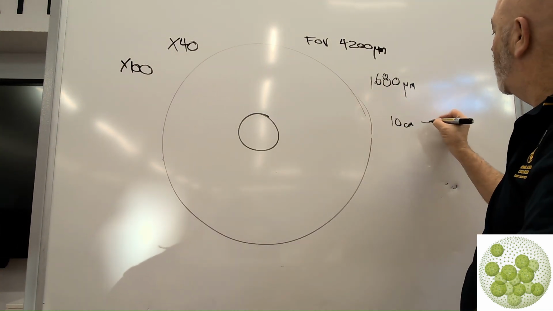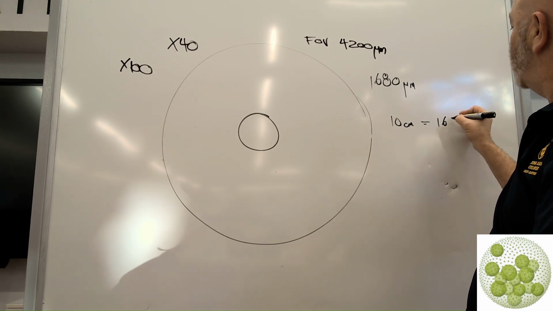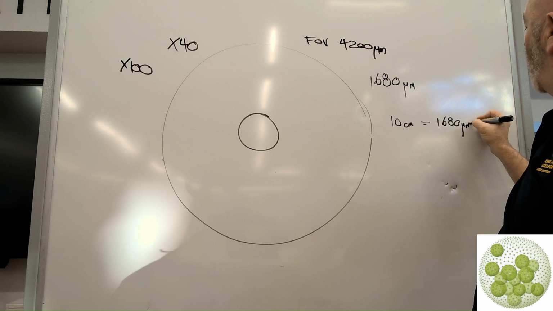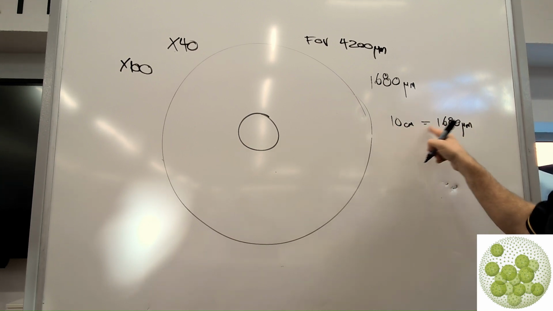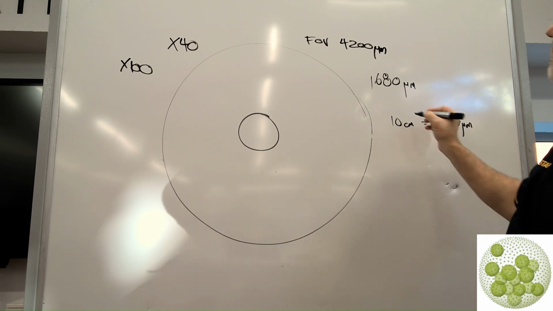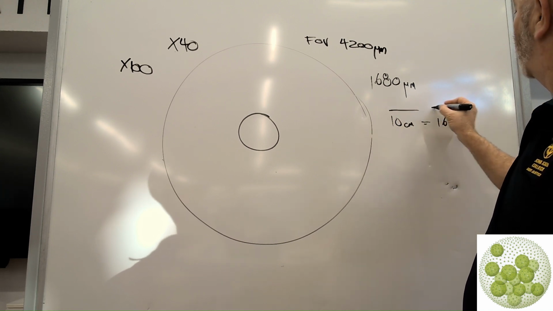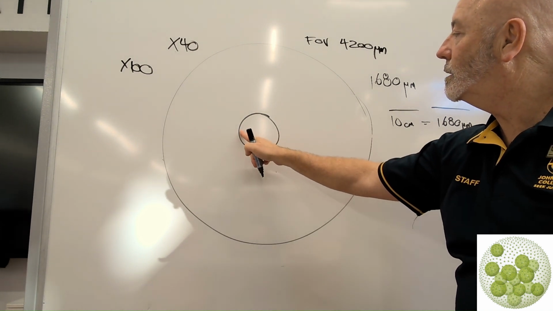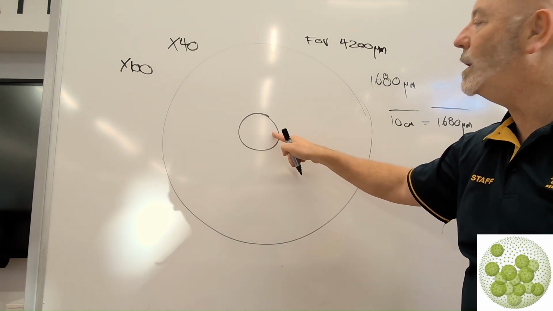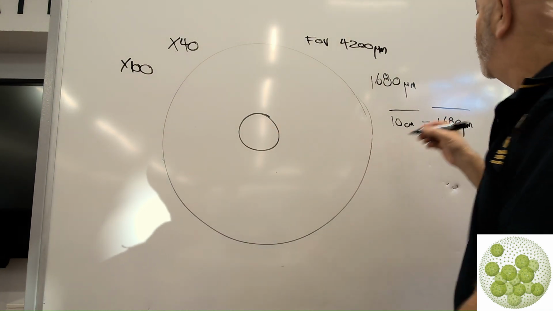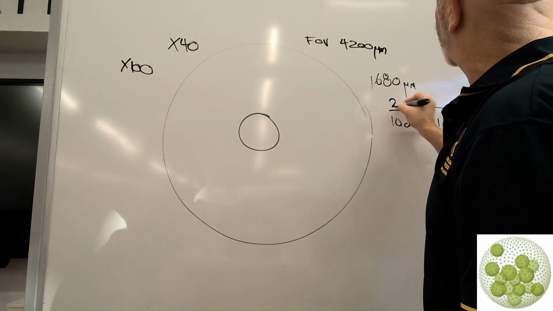So we can write this mathematical equation: 10 centimeters equals 1680 micrometers. Now with our ruler, we will measure the width of that cell. If I measured it with a ruler, I'll say it was 2 centimeters.